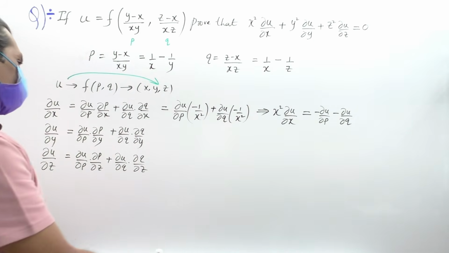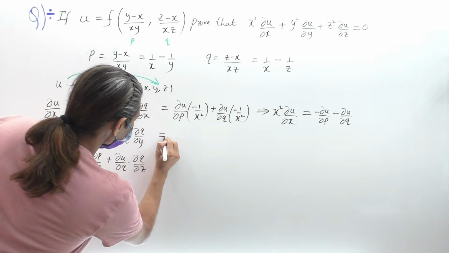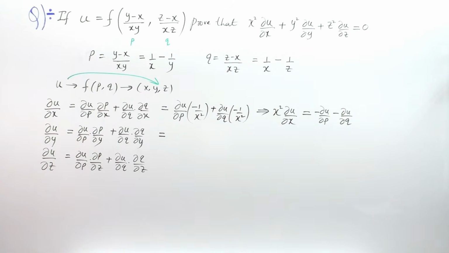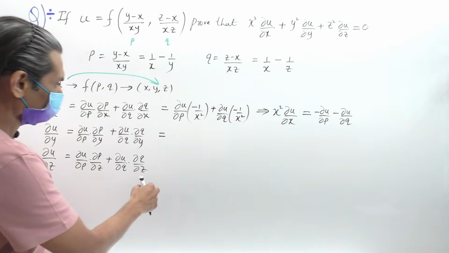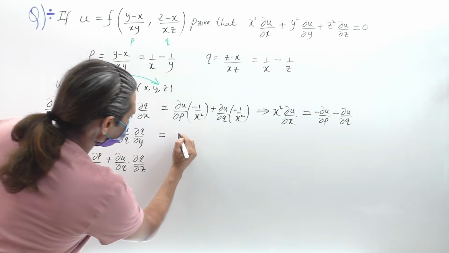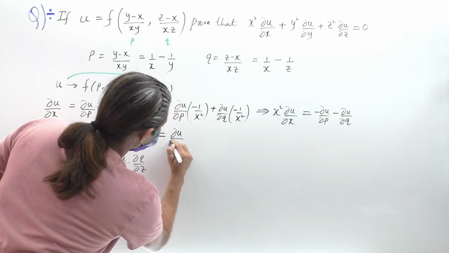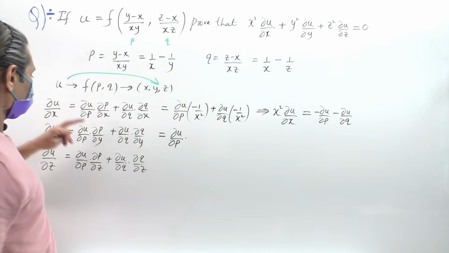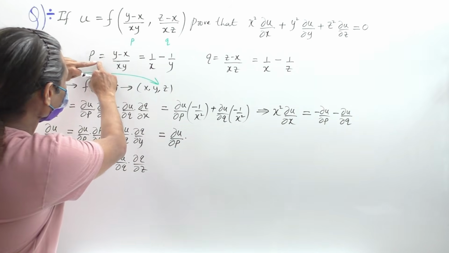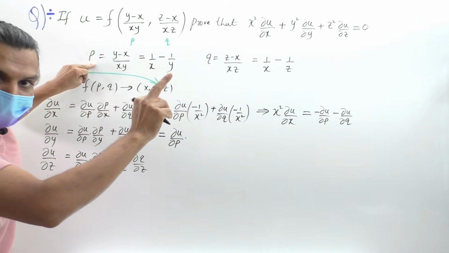Okay, that's it. Similarly now, ∂u/∂y will be equal to how much? See, here also ∂u/∂p as it is into ∂p/∂y. So what is ∂p/∂y? p is 1/x minus 1/y.